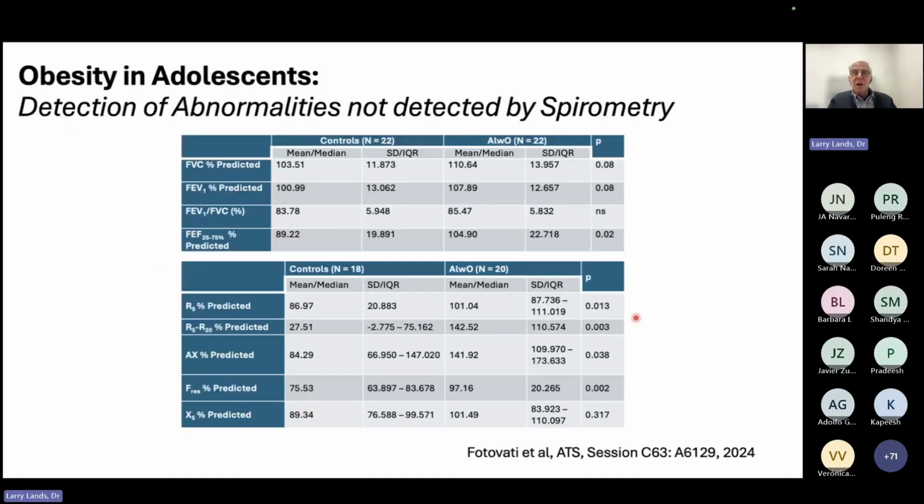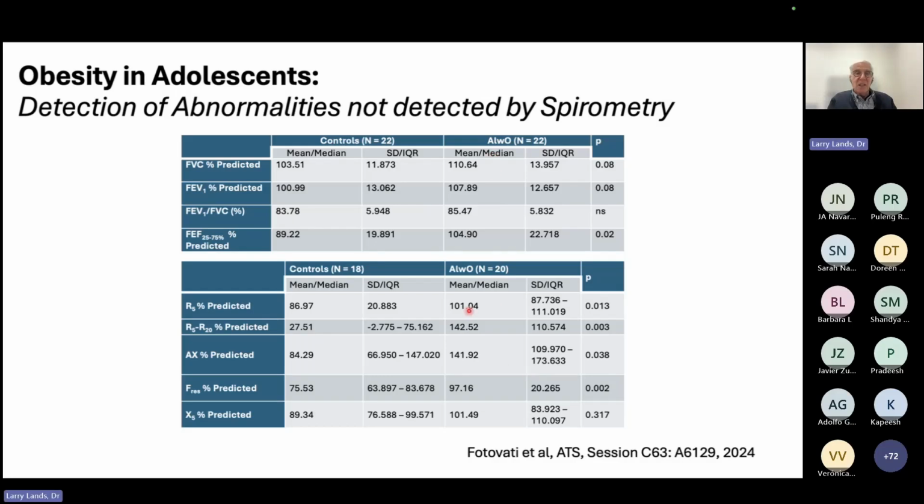Just to move a little bit away from asthma, there's a study we did in obese adolescents. You can see that, while there were differences or trends from our healthy control group, they really did have normal spirometry.